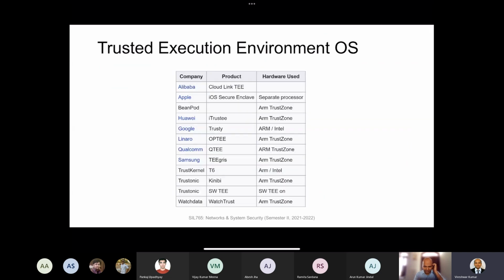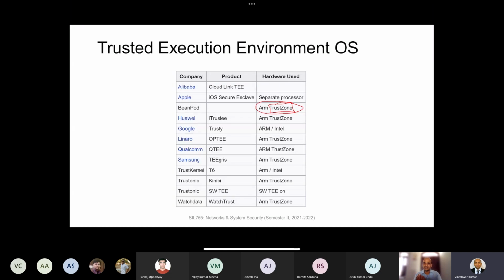Let me conclude this lecture by highlighting a few actual real-world implementations of it. So ARM is one, and remember there is a hardware component here as well. Trusted OS is there, but the trusted OS has to be implemented in an architecture which supports it.